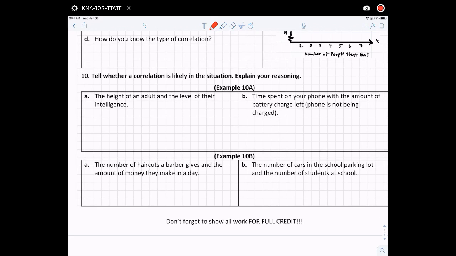If there was a correlation between how tall an adult is and how smart or not smart they are. Yeah, it's like, if you're 6 feet tall, you're pretty smart, but if you're 7 feet tall, you're really smart. Or maybe vice versa. Like, the taller you are, the less intelligent. That doesn't seem like it is, right?